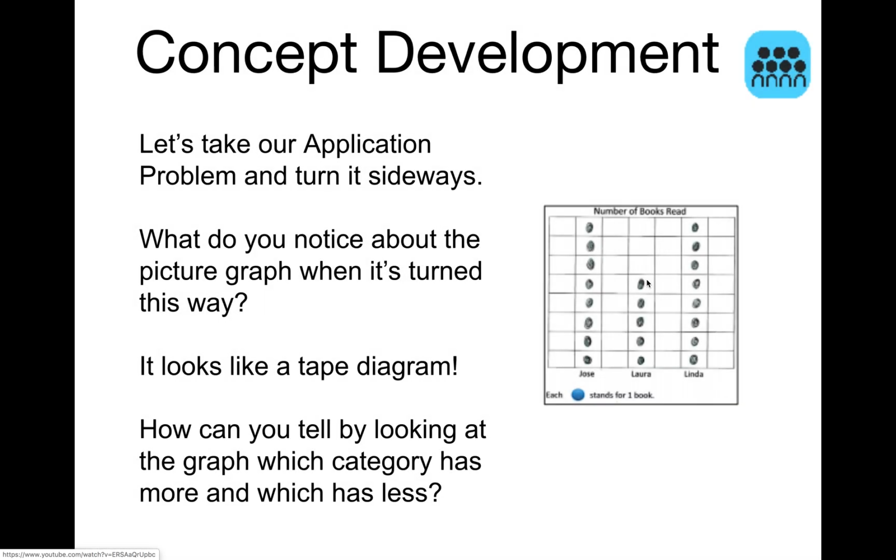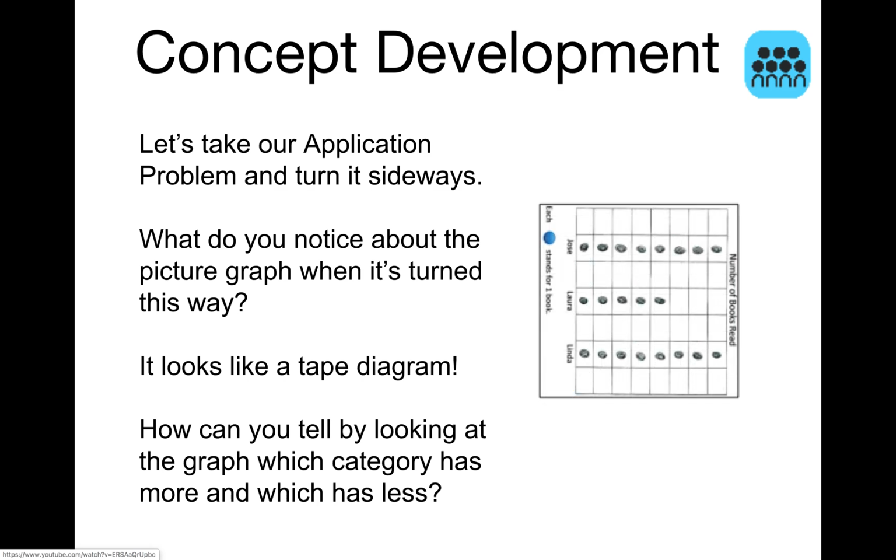Then moving on to our concept development, we see that we can take our application problem and we can turn it sideways. And when we turn it sideways, what do you notice about the picture graph when it is turned this way? It looks a lot like a tape diagram, right? It looks a lot like that part B of that problem that we just solved.